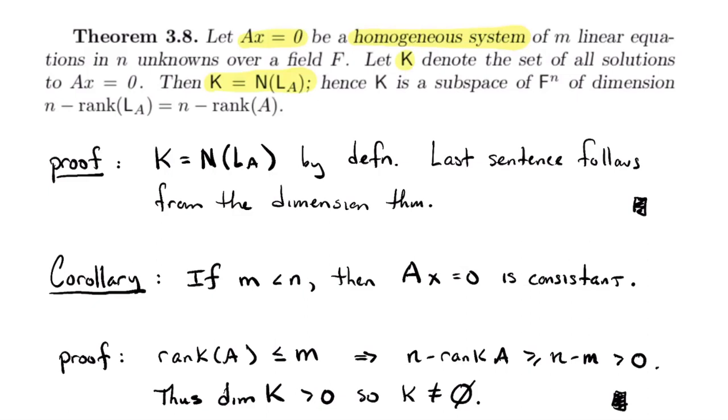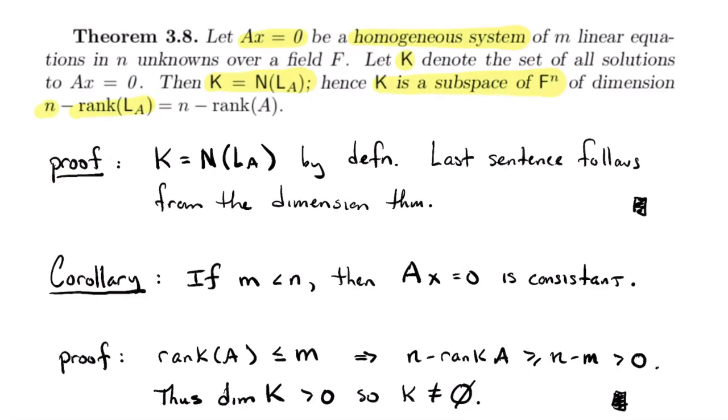That's one statement in this theorem, that K is just that null space. Because it's a null space, it's a subspace, and its dimension is the number of unknowns minus the rank of that matrix, or the rank of that linear map, the same thing.